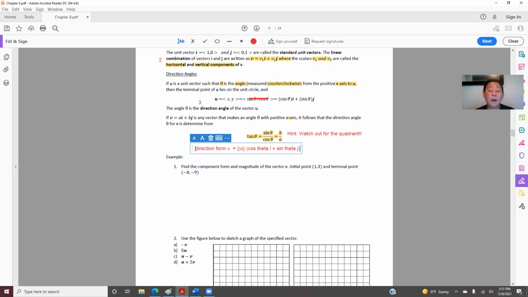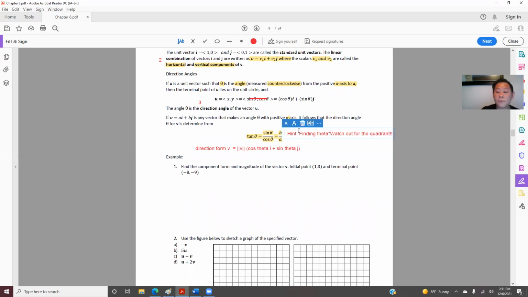So you do need to find the magnitude and theta. The magnitude we just talked about: it is the first component squared plus the second component squared, then take the square root. For the direction form, you need the magnitude and the theta. Theta is the one where you need to watch out for the quadrant. So when finding theta, you have to watch out for this.